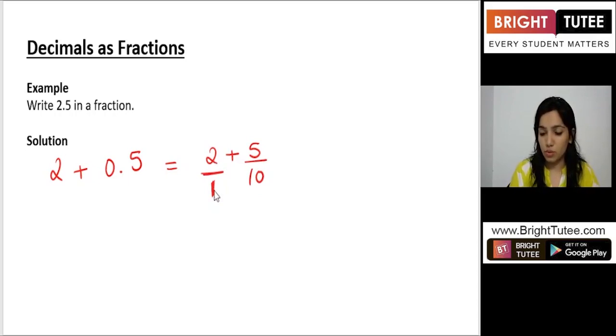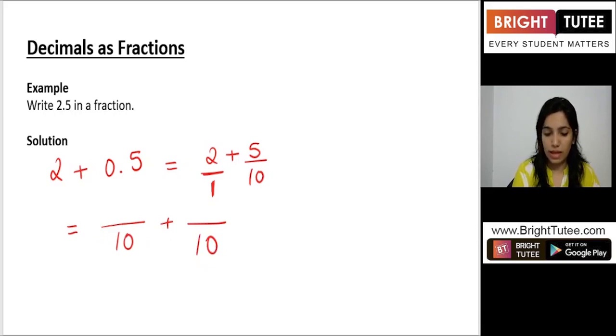So now it is 2 over 1 and this is 5 over 10. How can we add these two fractions? We need to get equivalent fractions for them. Okay? So here it is 5 over 10. Here this is 2 over 1. What is the LCM of 1 and 10? Let's convert them into equivalent fractions. So the LCM will be 10. Right? So here we have 1 times what number gives 10?